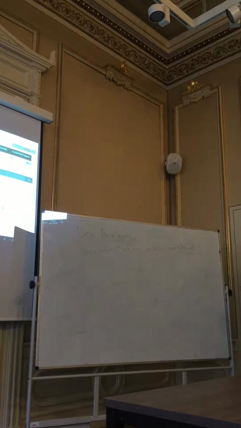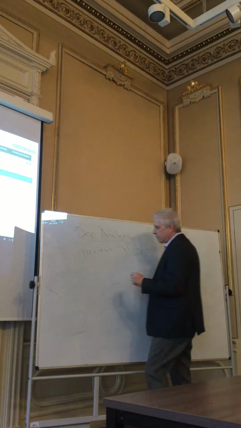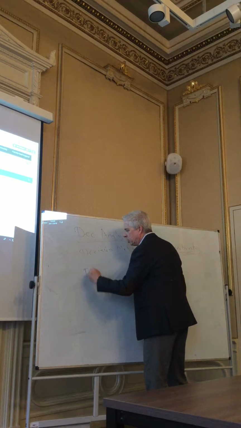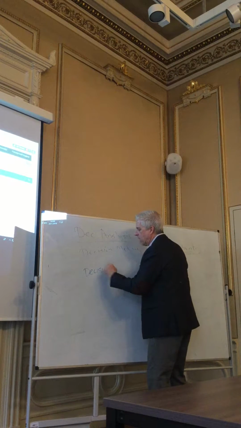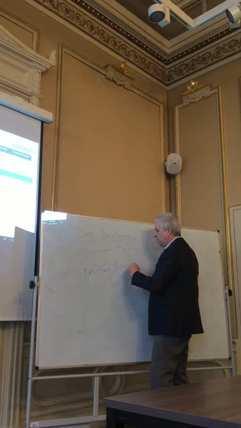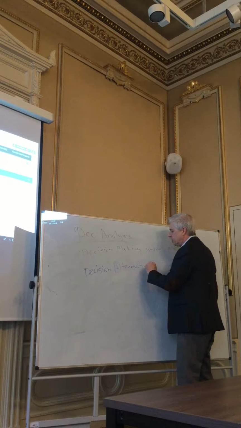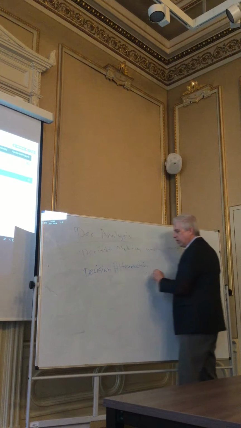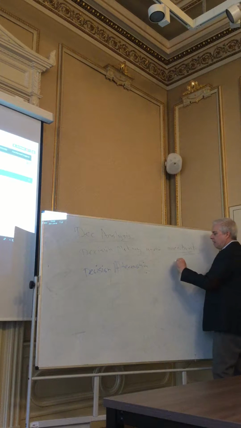So really, what we're going to have in this process is decision alternatives, and I'm going to give you a context in a second so you can apply this. You're going to have decision alternatives, things you can choose between, and possible outcomes.